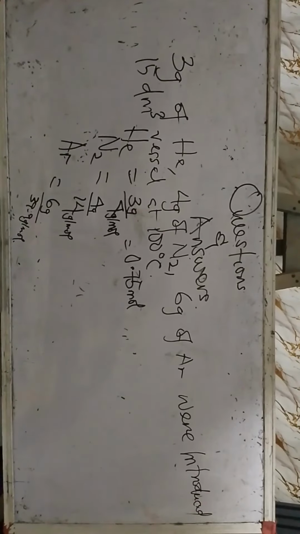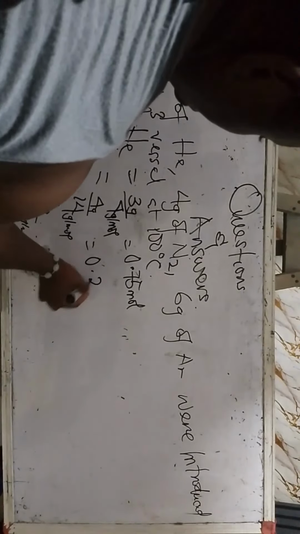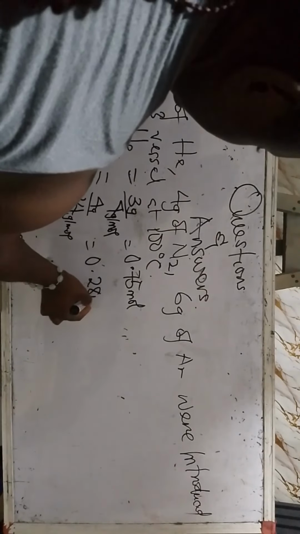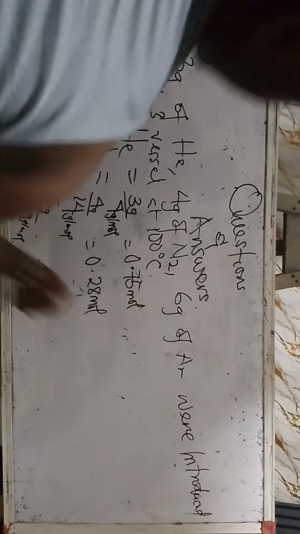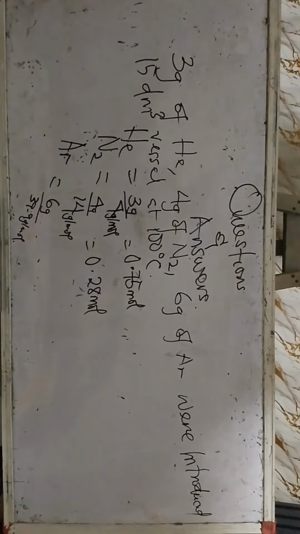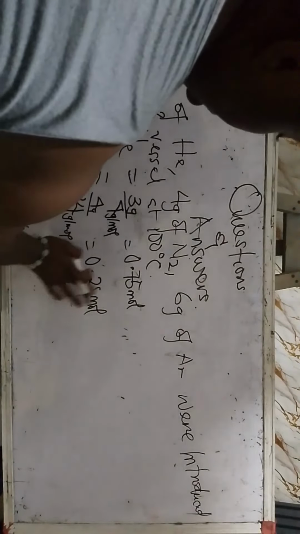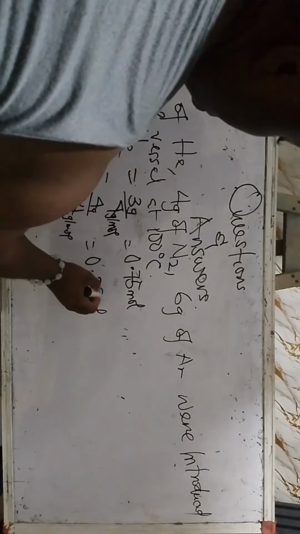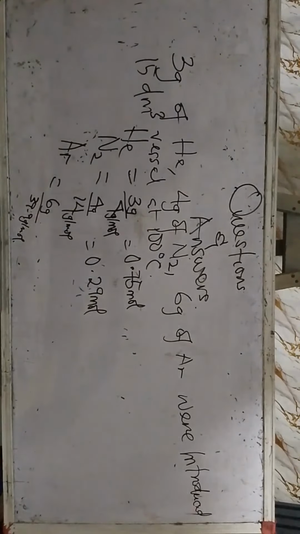4/14, good. That is for nitrogen what? 0.28 moles. 0.29 mole. That is for nitrogen.